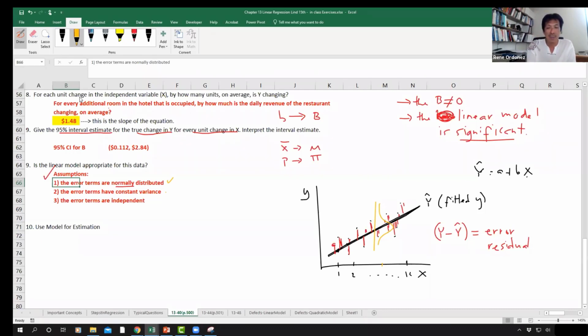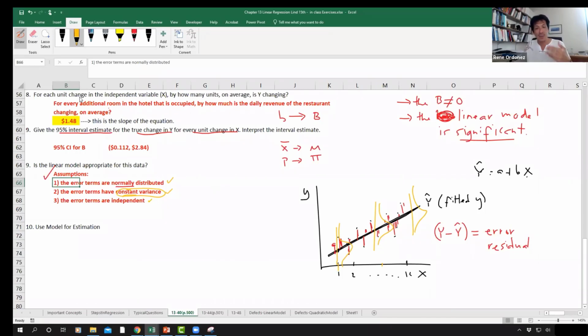The second assumption and the third assumption typically go hand in hand. Constant variance says that if you're looking at the error term at this low level here, the distribution of the error terms there will be about the same as the distribution of the other error terms across values of X. That's what this constant variance assumption says.